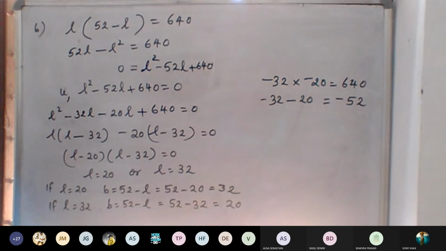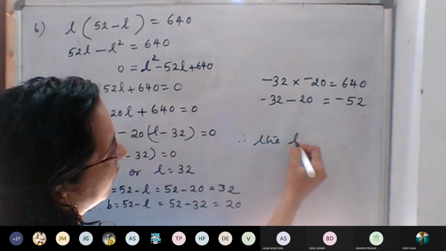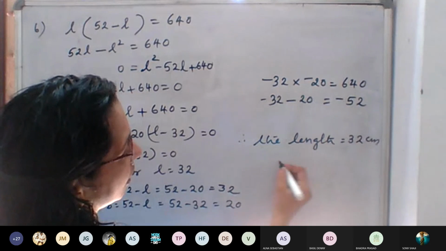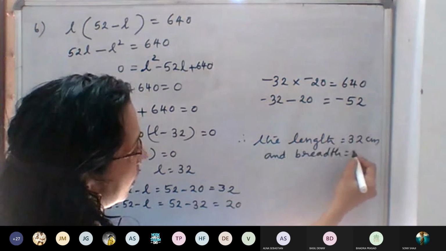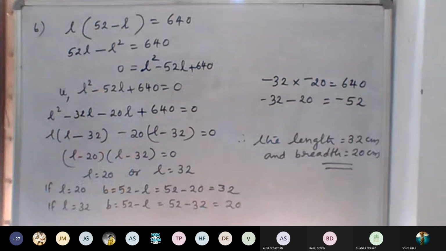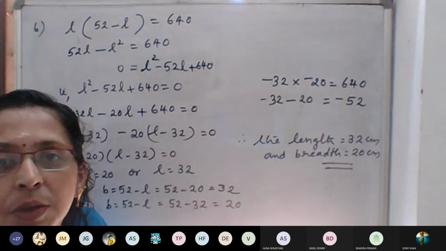Therefore, the length of the rectangle is 32 centimeter, the bigger one, and the breadth is 20 centimeter, the shorter one. Okay, thank you.